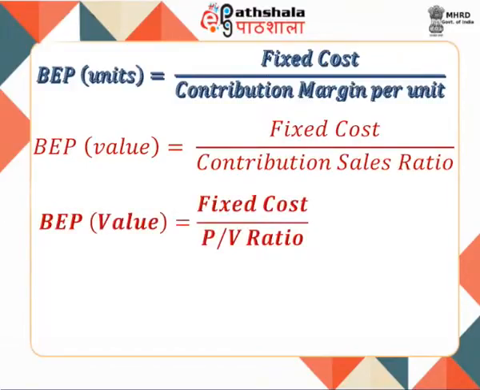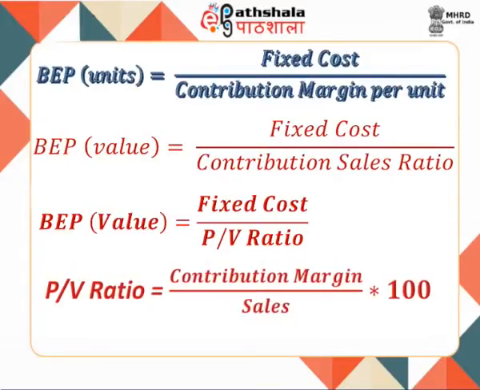Also, break-even point in value is equal to fixed cost divided by PV ratio, where contribution sales ratio or PV ratio is equal to contribution margin divided by sales multiplied by 100.